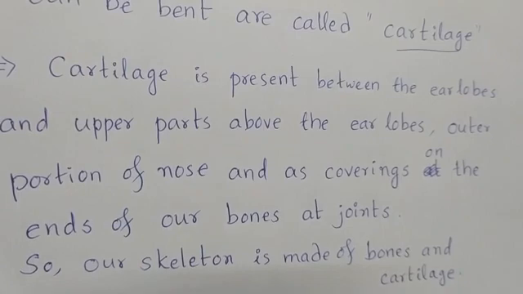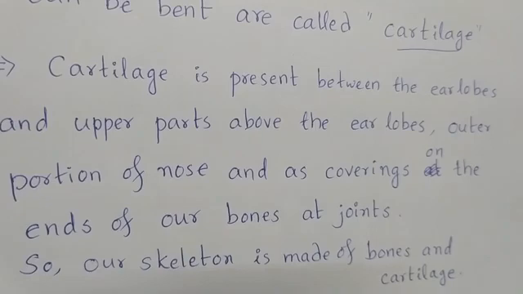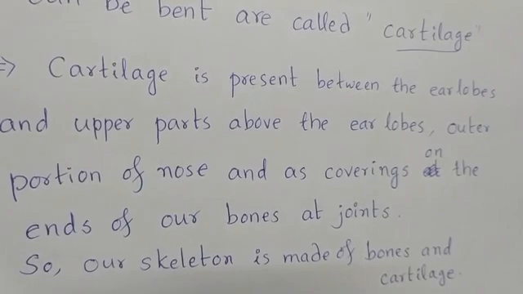Because of abrasion, the bony part will get eroded and we will lose our bones very soon. So in order to avoid that problem, there is a cartilaginous outer covering on the ends of the bones at joints. This is where the cartilage is present.